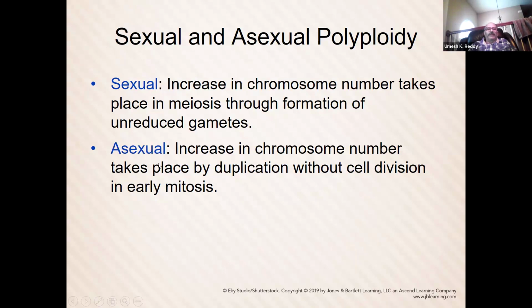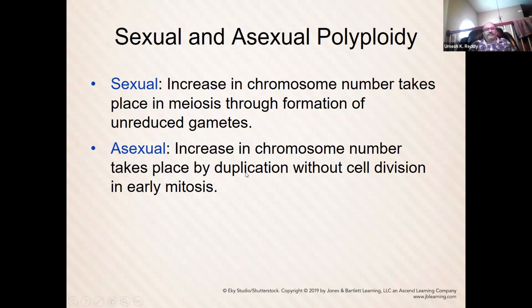So in asexual polyploidy, what happens? The sex happens normally. Okay, so the cells undergo meiosis and produce gametes that have a reduced number of chromosomes, or half of the chromosomes. But the zygote, which is a 2n zygote, can become 4n through a process called endoreduplication.